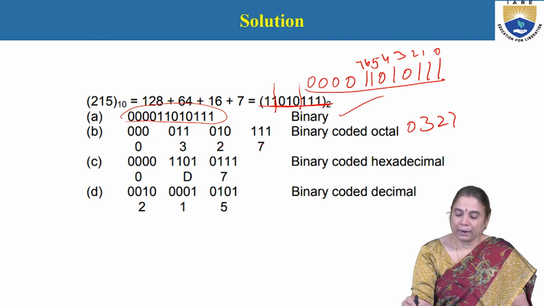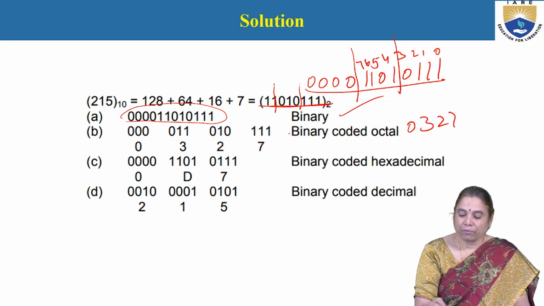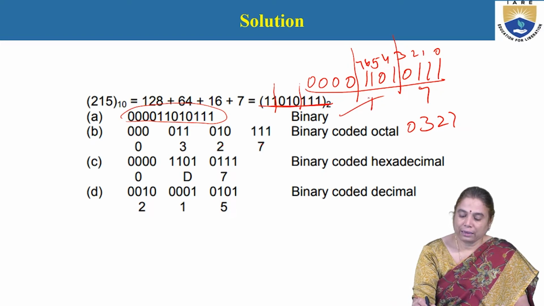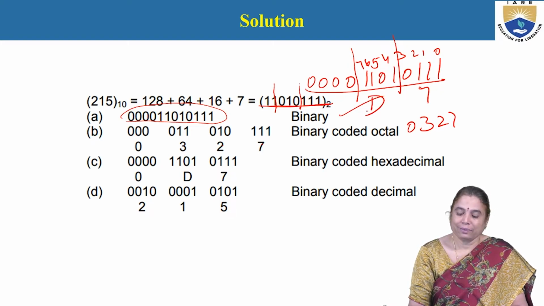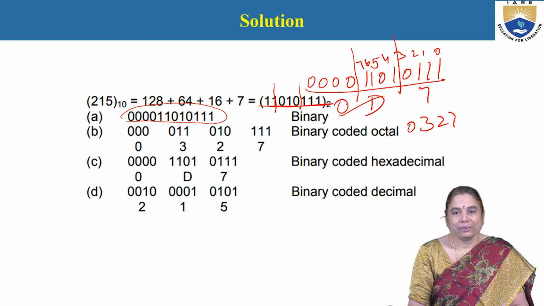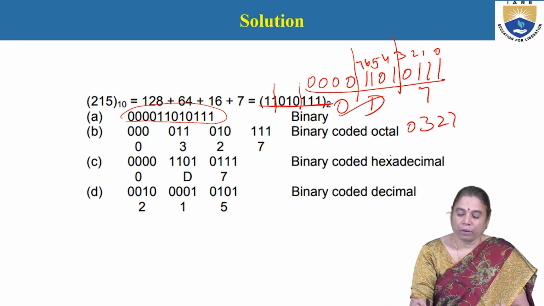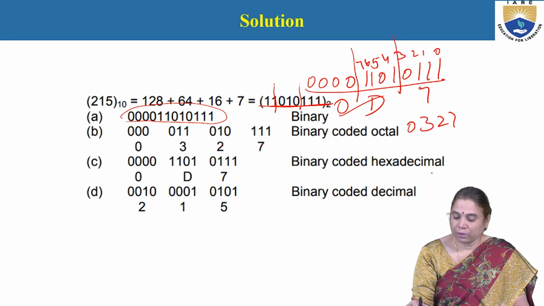This is the binary number, and we have to group exactly 4 bits. So 0111 is equivalent to 7. In the second group, 1101, the equivalent value is D. For the 4 zeros, the value is 0. So the binary coded hexadecimal of 215 is 0D7.